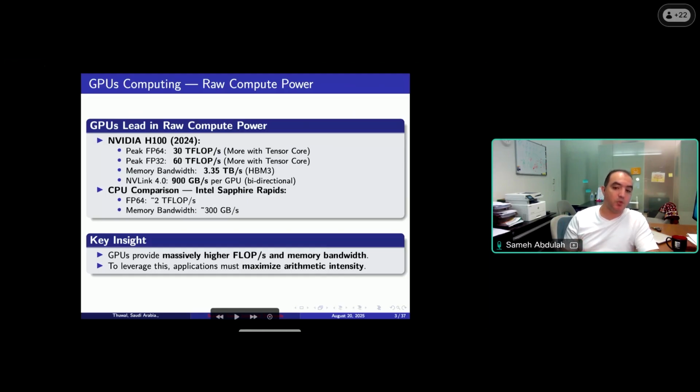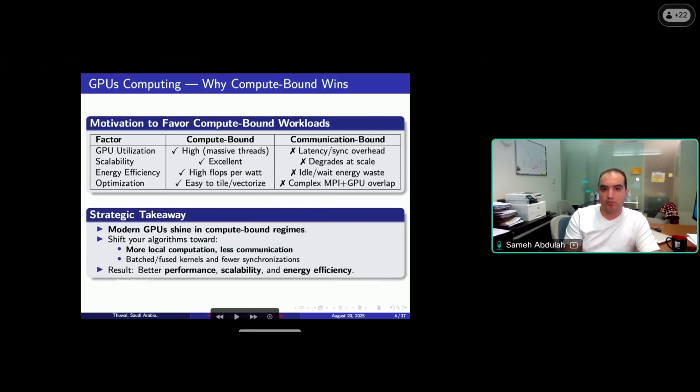Also, it has a very large memory bandwidth, 3.35 terabytes per second. It also has NVLink to speed up the communication between the GPU and CPU, reaching 900 GB per second. Comparing to the CPU, of course, we cannot compare anymore. So if you can do something on GPU, you are gaining a very high acceleration of your application, and also very fast communication between the GPUs and between the GPU and the CPU.